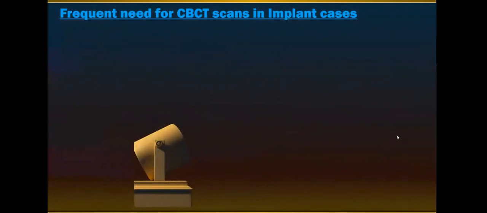So the question is, how important is the CBCT for implantologists? Or in other words, if you have an imaging center, what percent of referrals come to you for the sake of implant analysis?